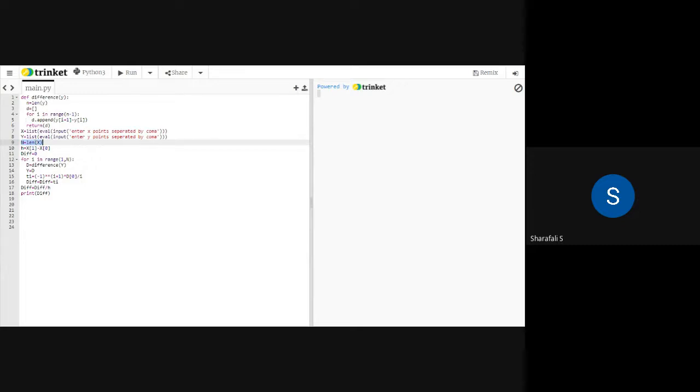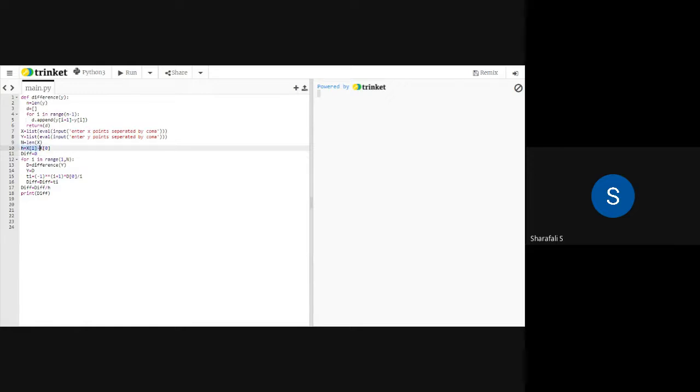So the length of x, len of x, in the given example will be 4 if you are considering indexing from 0. So you have to calculate what is the length of x. You will be having 5 data points in that particular case in the given example.